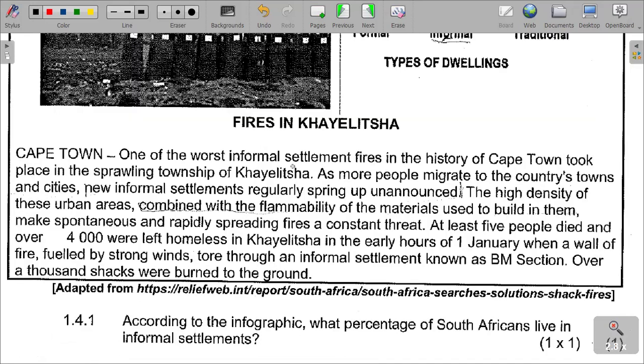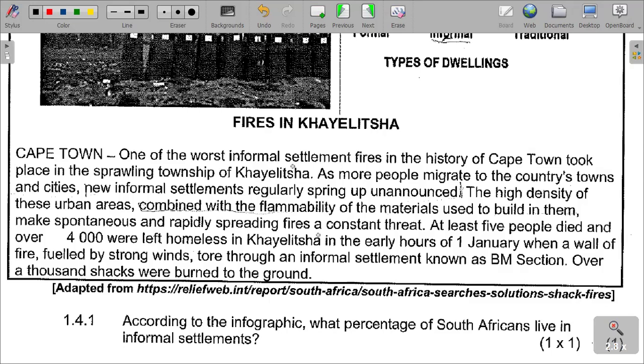So now, Cape Town, one of the worst informal settlement fires in the history of Cape Town took place in the sprawling township of Khayelitsha. As more people migrate to the country's towns and cities, new informal settlements regularly spring up unannounced. The high density of these urban areas combined with the flammability of the materials used to build them make spontaneous and rapidly spreading fires a constant threat.